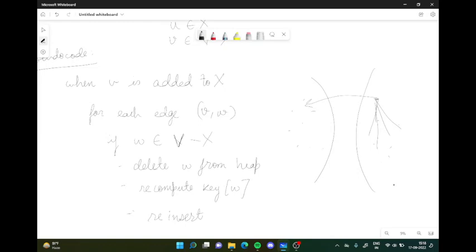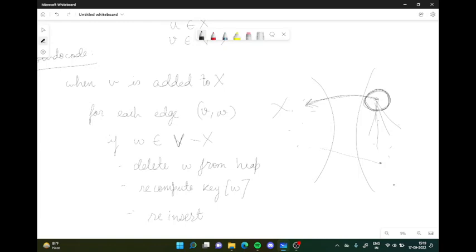That means for a vertex that is very far away from this, the key that this vertex has might not depend on this. So what I'm trying to say is, whenever we are adding vertex v to our set X, we only need to make changes locally around the neighborhood of v, because anything that's far away from v, which is not directly connected to v, does not change at all when we are adding v to X. So only for those vertices which are directly connected to v, recompute their keys.